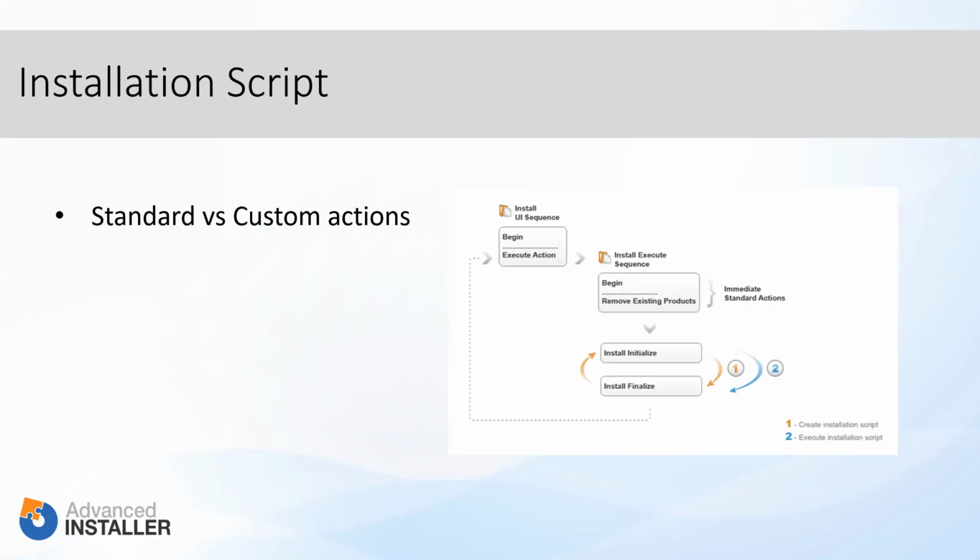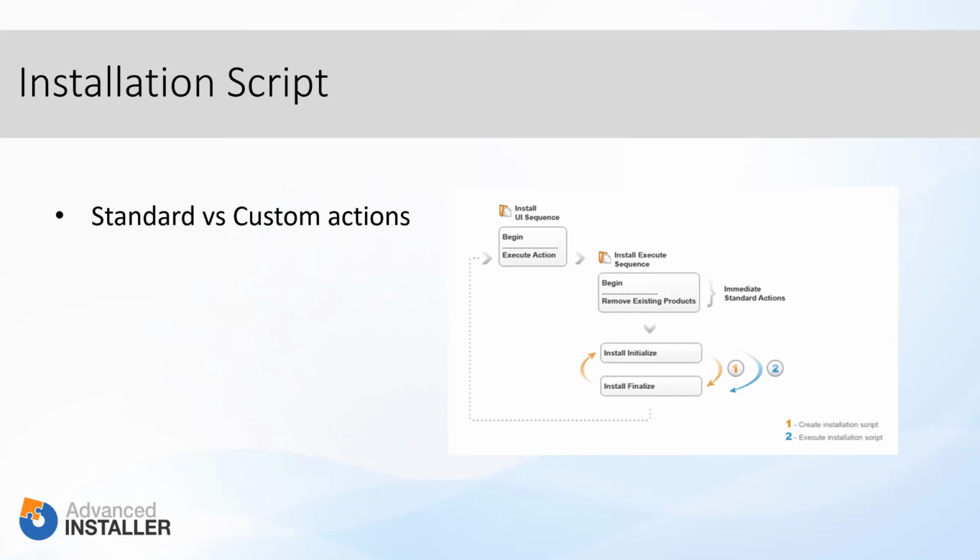So anything that is scheduled in the UI sequence will not get executed. But we're talking about scheduling a little bit later. In the sequence that starts with begin and ends with remove existing products from the execute sequence, only immediate actions can be used.